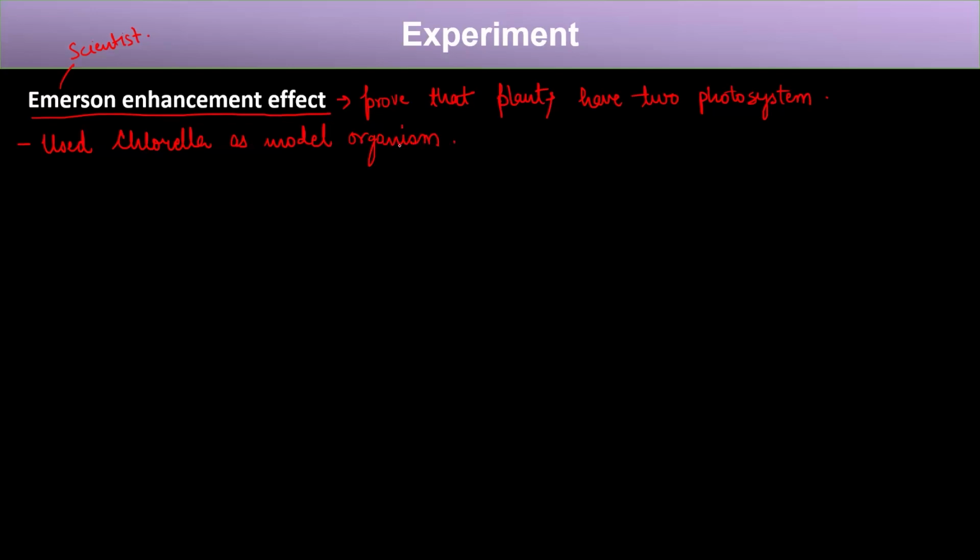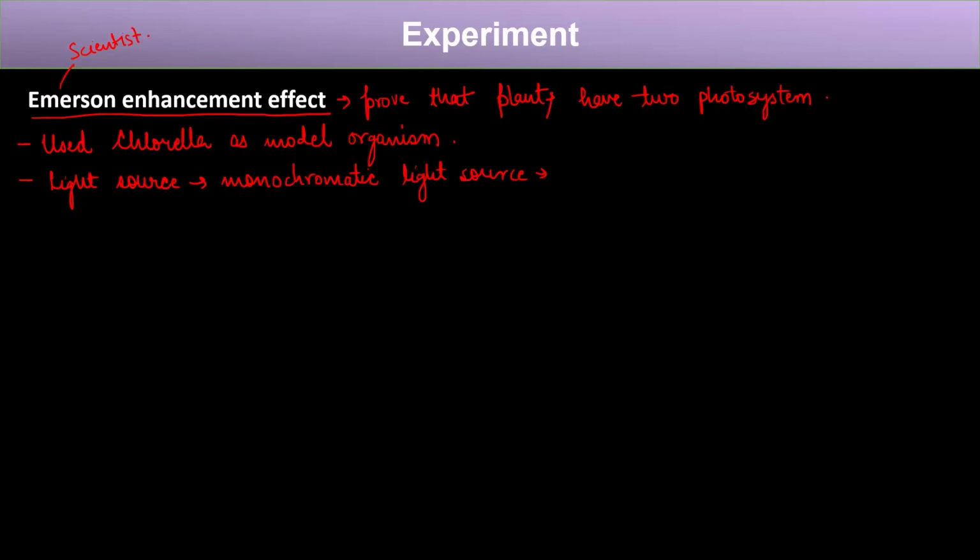So he performed the experiment on Chlorella, and the light source that he used was a monochromatic light source. Now, what is a monochromatic light source? It means all the lights are monochromatic, so they will emit light of a specific wavelength.